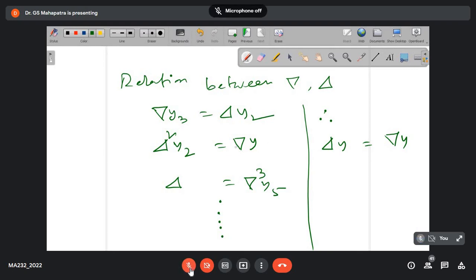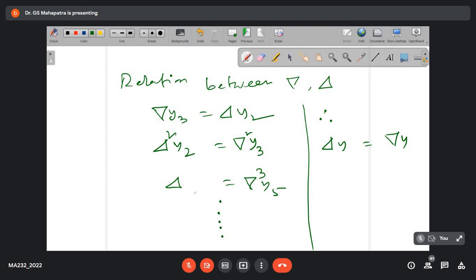Del 2 y2 equals, in terms of nabla, nabla 2 y3.